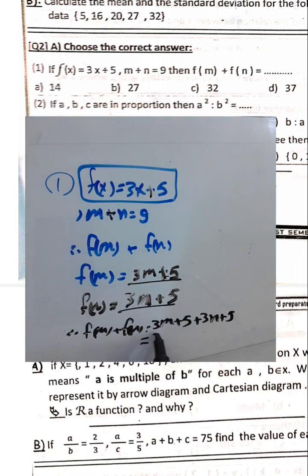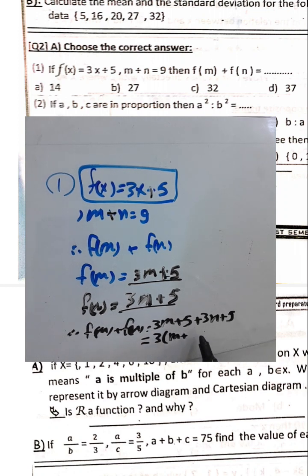We can write 3 over 5 as a common factor between the two terms. The result will be 3 over 5 times (m plus n) in brackets.